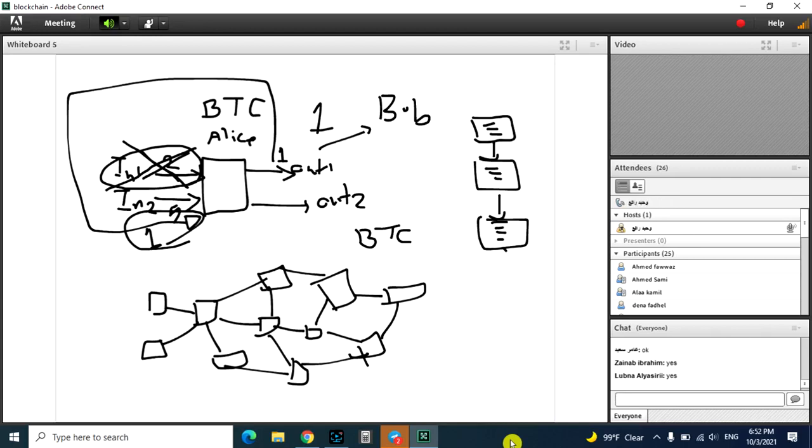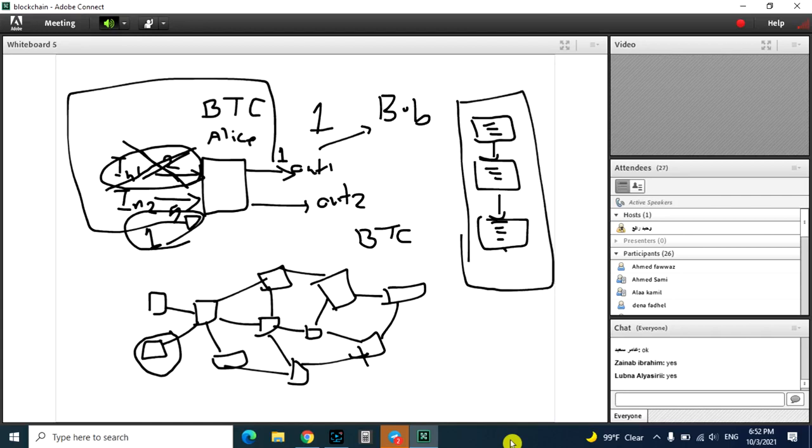Please note, each node in the network has a complete copy of the blockchain. So all these nodes of the network have the blockchain.